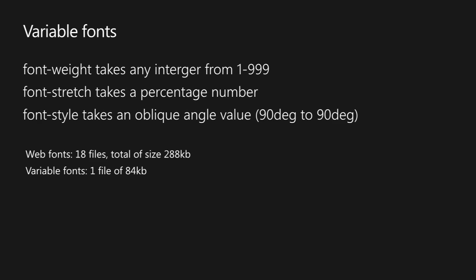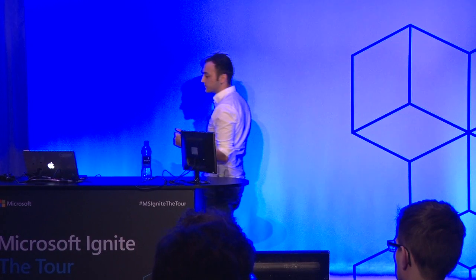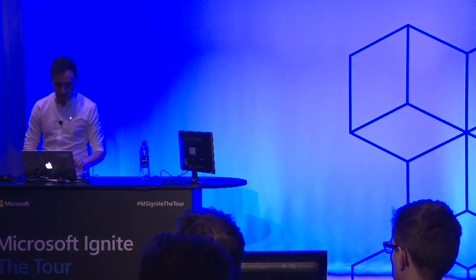You can give any angle you want. So as an example, if you had to load, this is exaggerated, but 18 web font files that loaded 280 kilobytes, you can now merge them, if the font file supports it, in one file that is only 85 kilobytes. Of course, we need a demo, because this is highly theoretical.